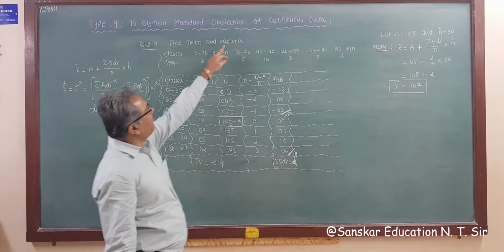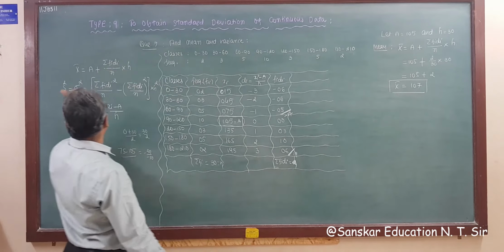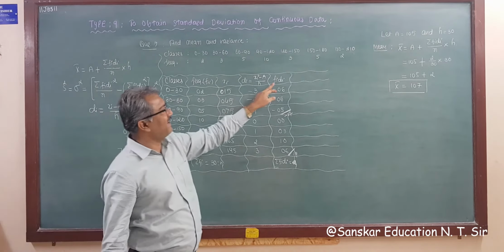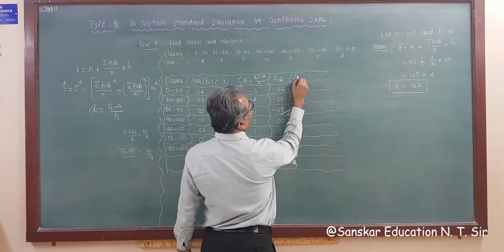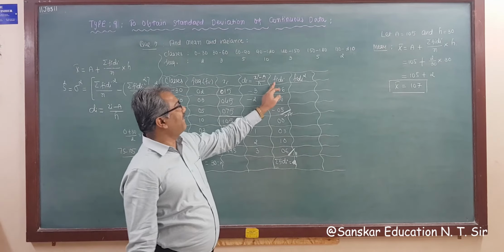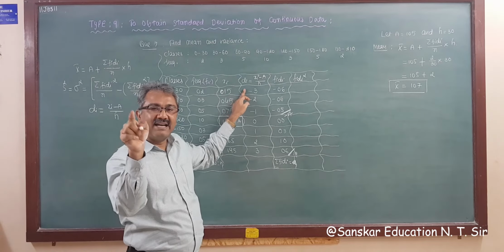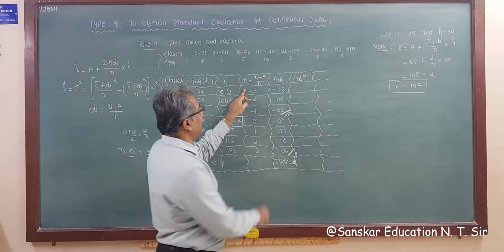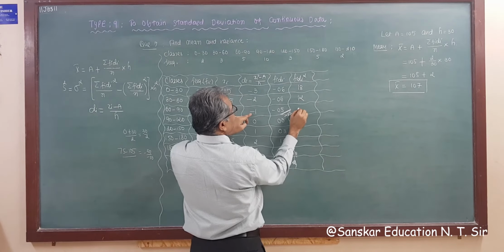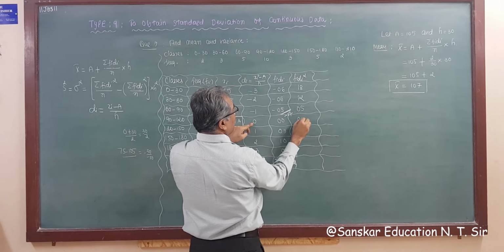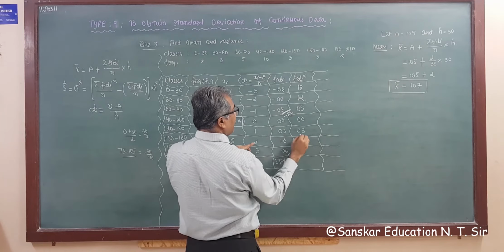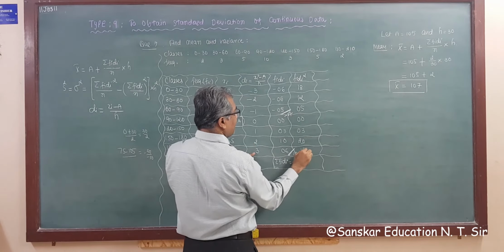Now for variance, the formula is sigma fi di square. We have only fi di, so for that, multiply fi di with di, you will get fi di into di, that is fi di square. So this is 18, this is 12, this is 5, this is 0, this is 3, this is 20, and this is 18, right?